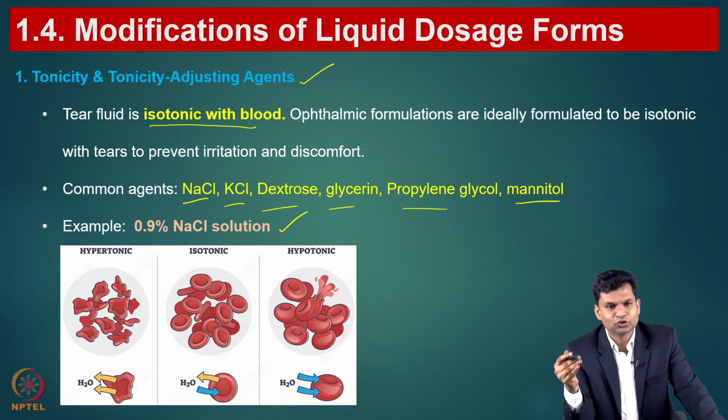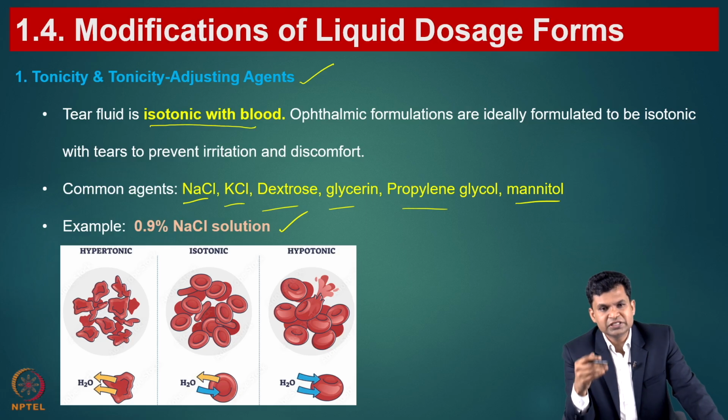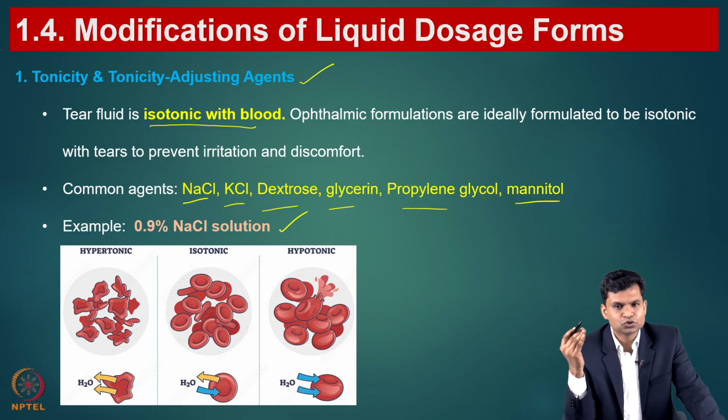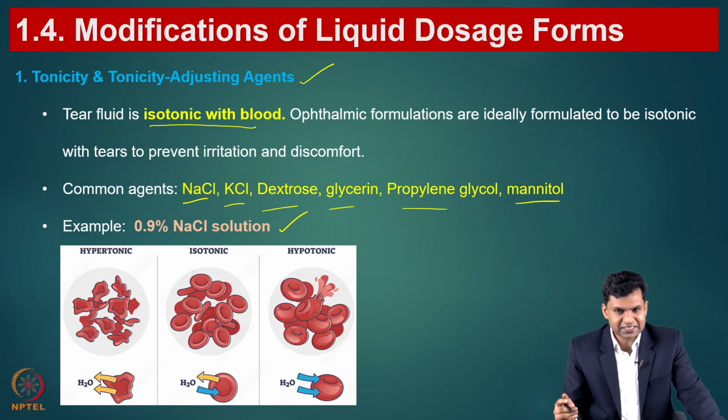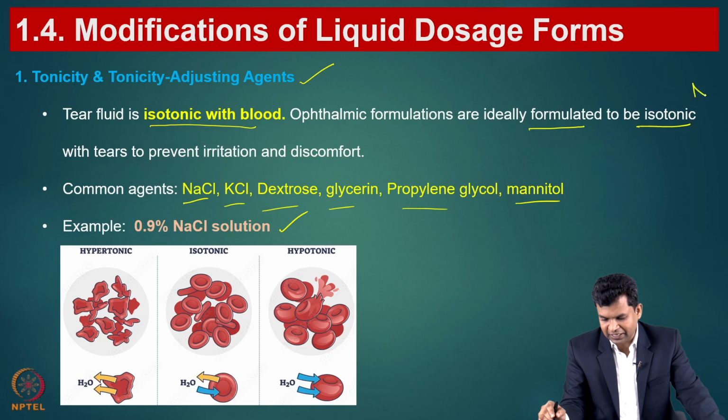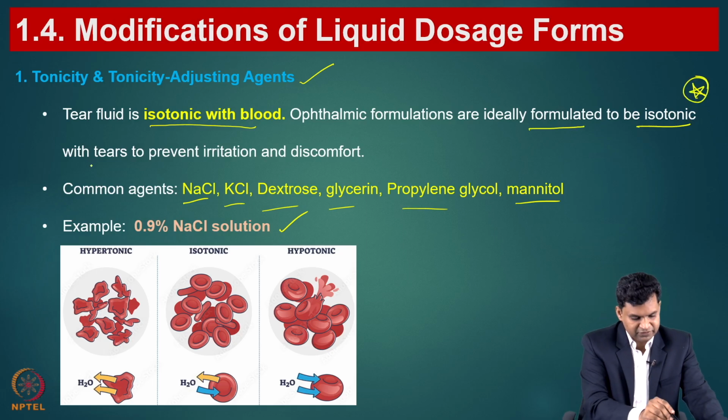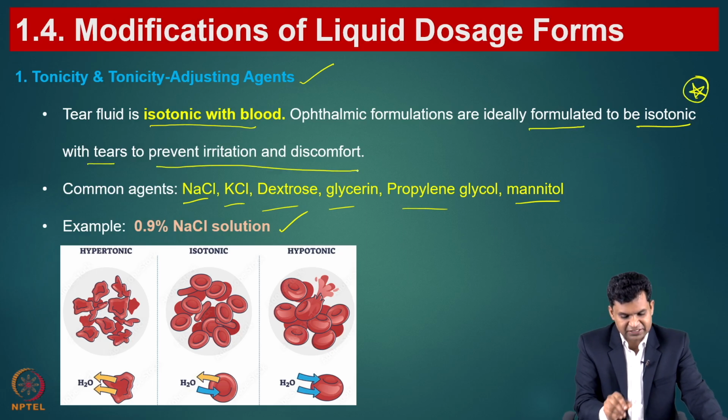Similarly, your ophthalmic formulation also needs to be isotonic to the tear fluid, that is, to the blood. The solute concentration maintains the osmotic pressure for the survival of the cells. So, it should be formulated isotonic with tears to prevent irritation and discomfort.